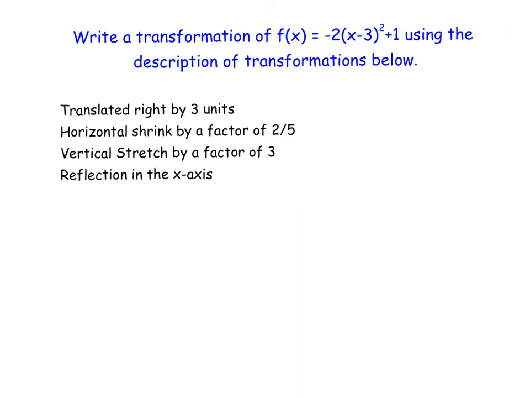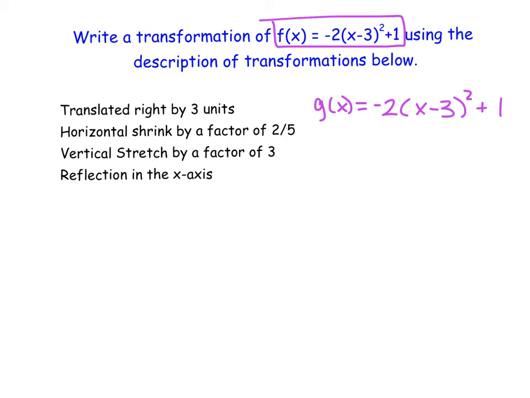In the final example here, we're going to transform another parent function, and this one also has the parentheses already written out. So we're going to start with -2 parentheses x minus 3 squared plus 1. And then we're going to look at the first translation here, and we see this first translation is moving the graph right by 3 units, which means it's going to impact our h value inside of here.